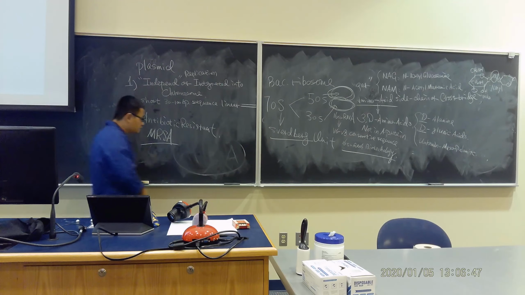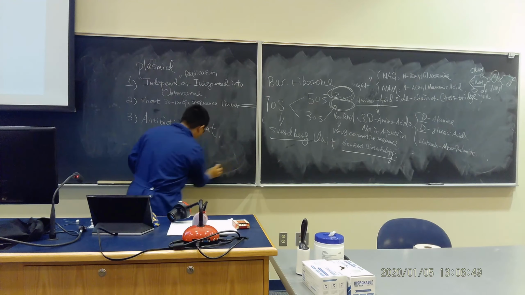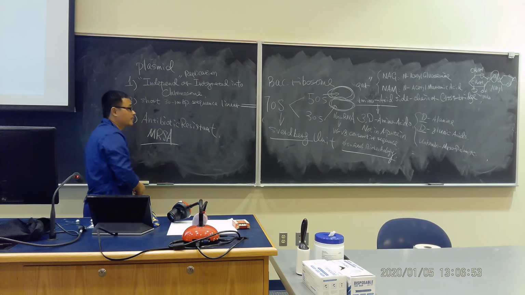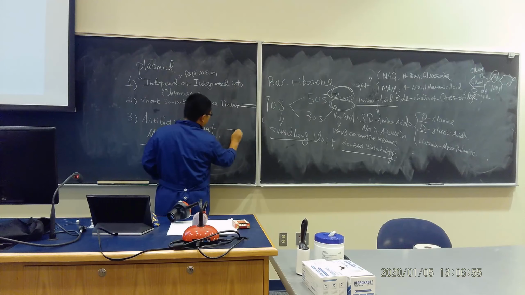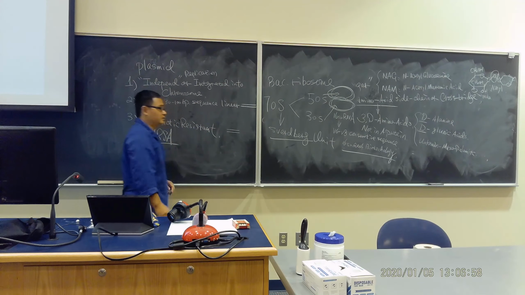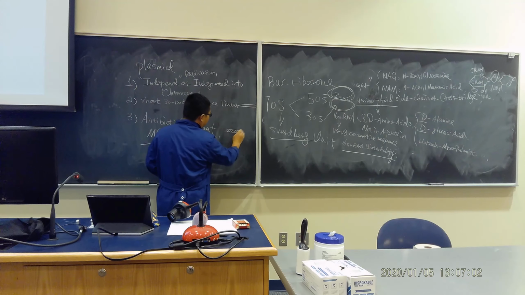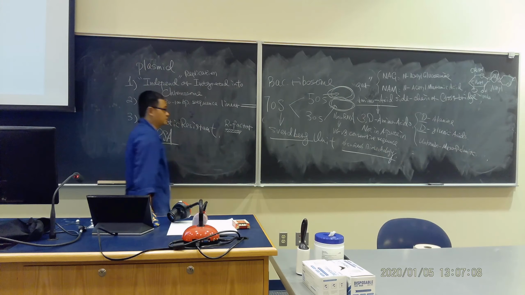One of the mechanisms behind this is when we use antibiotics way too much, what will happen? Some of the plasmids will be released, and they carry the information, we call it the R factor. This is related to antibiotic resistance.